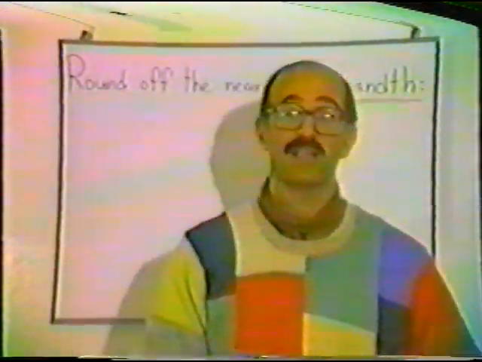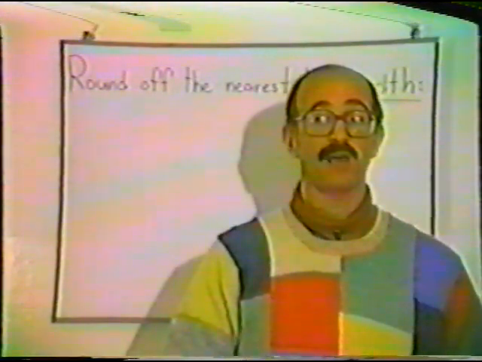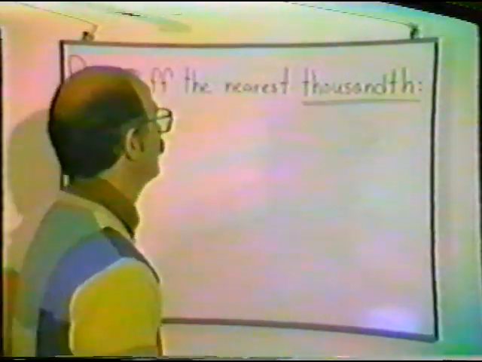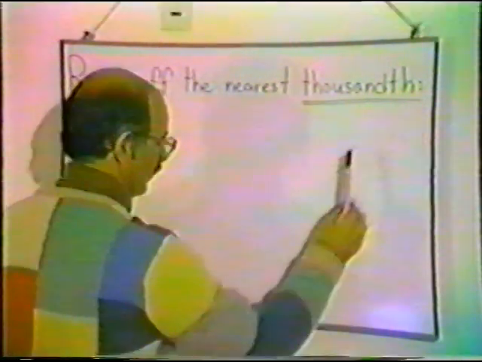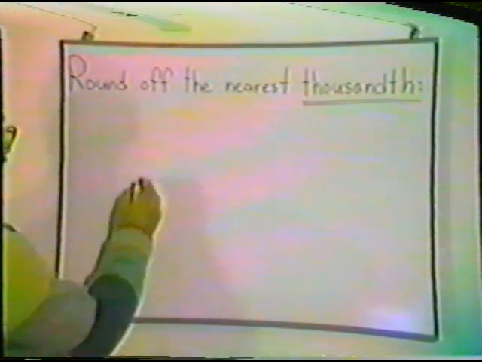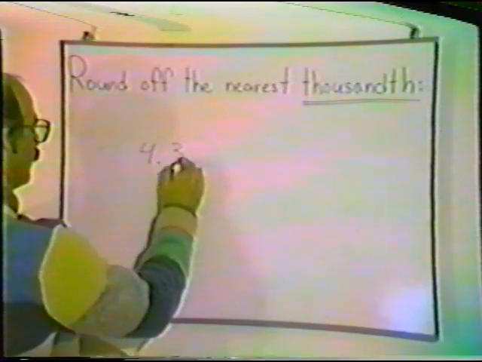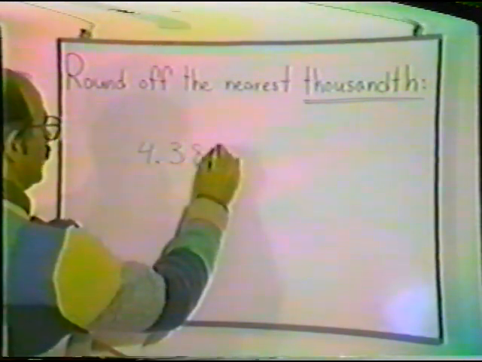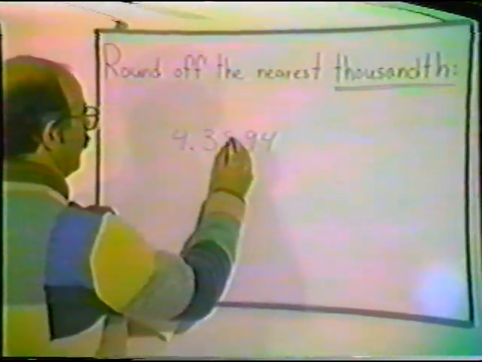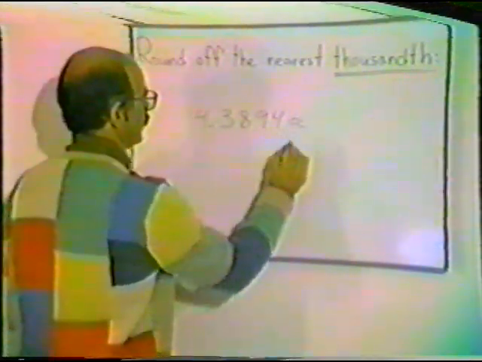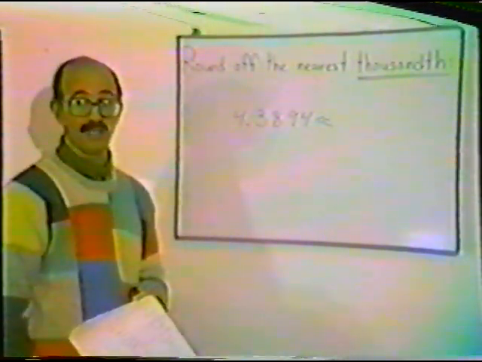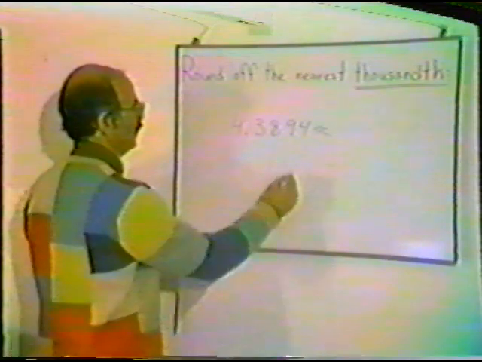And here's the last set of numbers we're going to round off, this time to the nearest thousandth. 4.3894. Which number is in the thousandth place? 9.